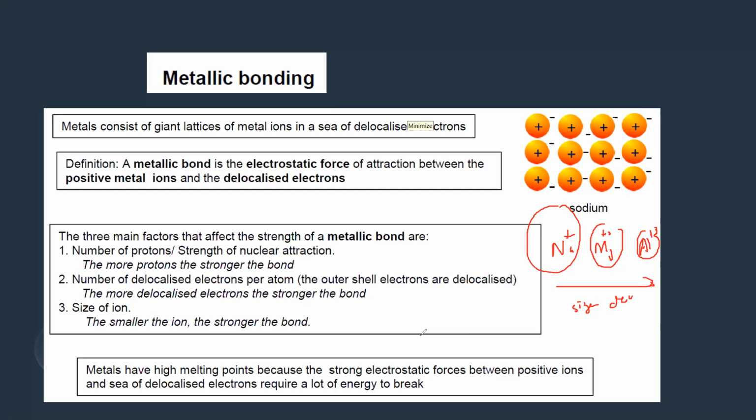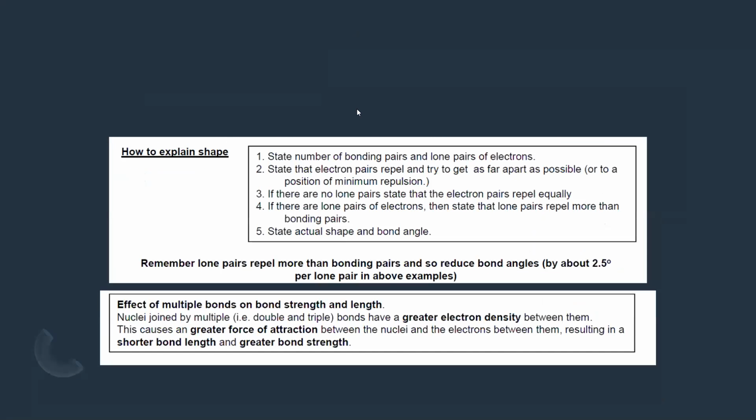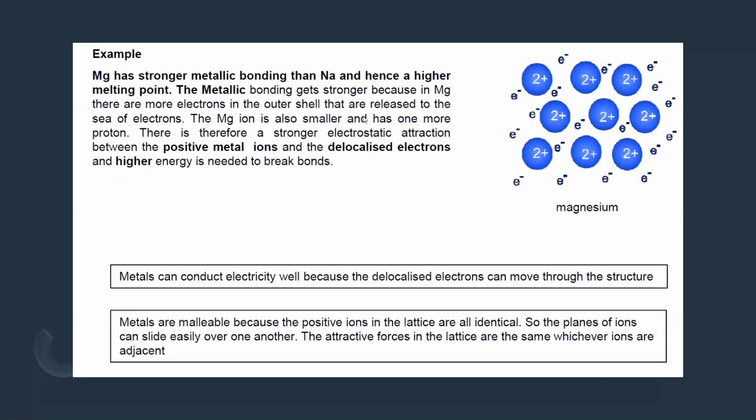Aluminum, with a +3 charge and smaller size of the ion. So aluminum will have a stronger metallic bond as compared to magnesium or sodium. That's right. As you can see the structures.